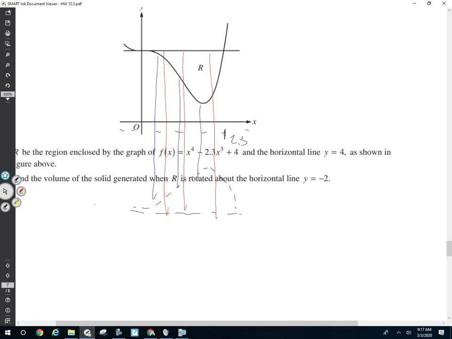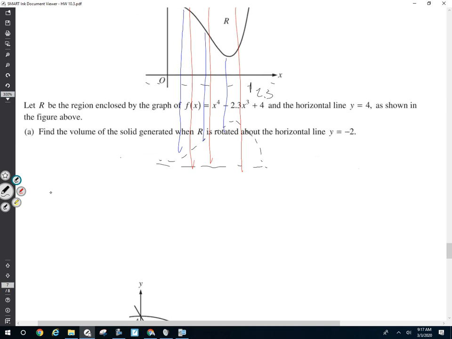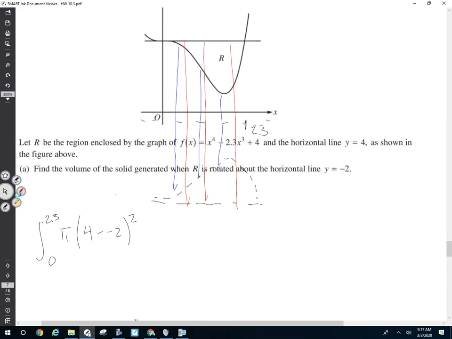Okay, so red cylinders, 0 to 2.3 of pi. My R is 4 minus -2. How do I know that? Well, look, I'm going all the way up to 4 for all of these red cylinders. And then top minus bottom, 4 minus -2.